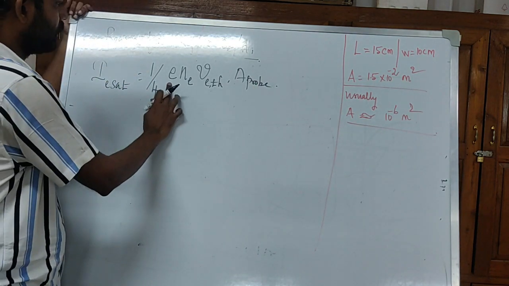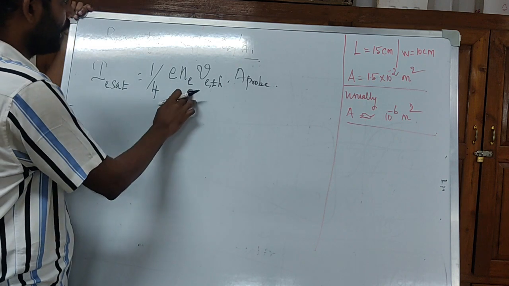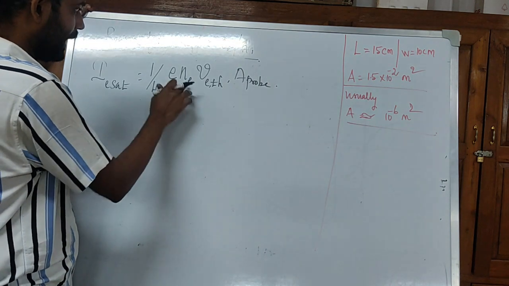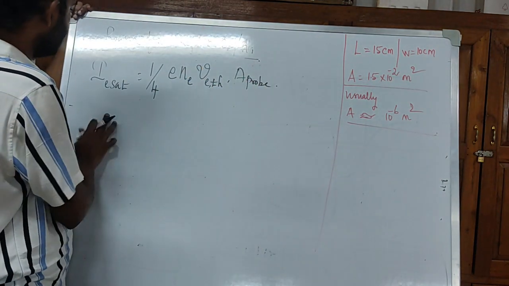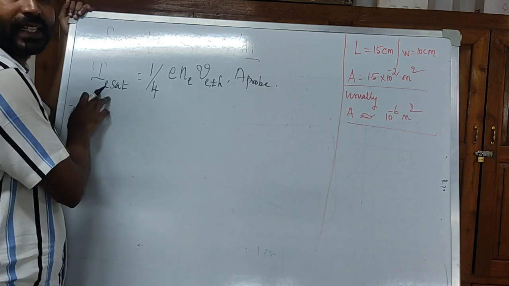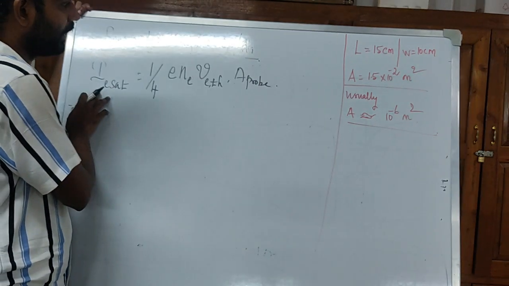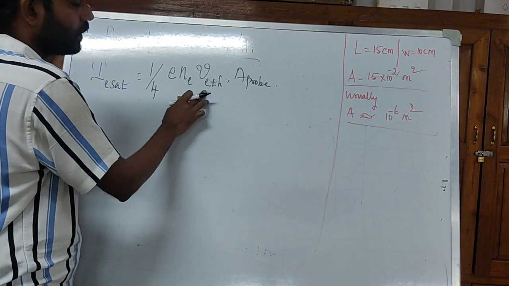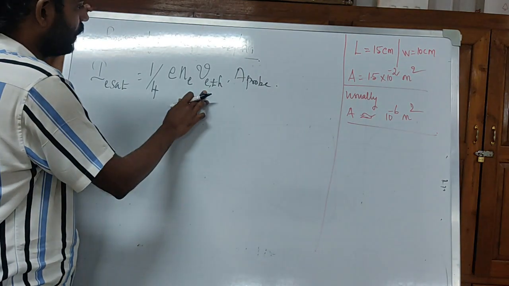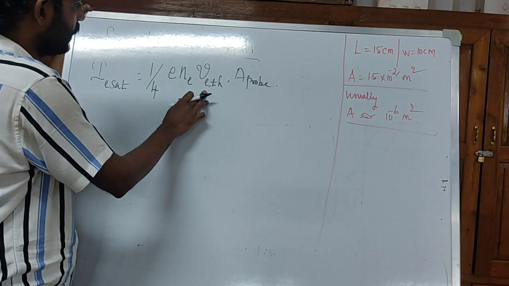So e is a constant, and Ne is extracted from this equation. The electron saturation current is taken from the Cara. The probe area we know, and the thermal velocity is dependent on the electron temperature, which will be estimated in a different way.